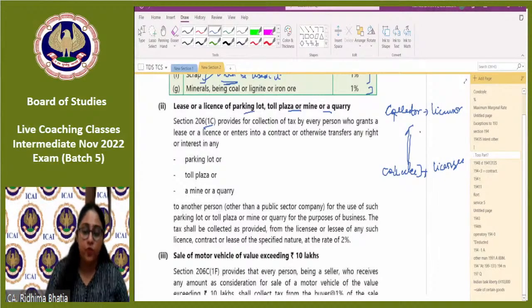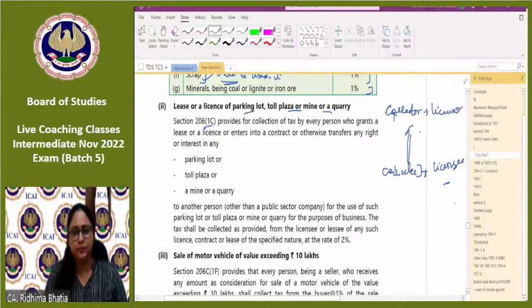Okay, so the person who is taking that area for parking will obviously be getting parking amount from the visitors. But that is not important for you. But unko wo right kaise mila? By purchasing a license or by paying a lease rental for it.